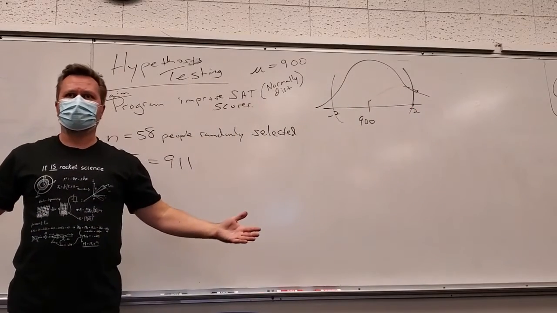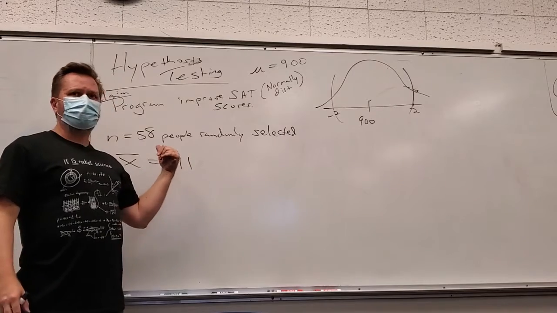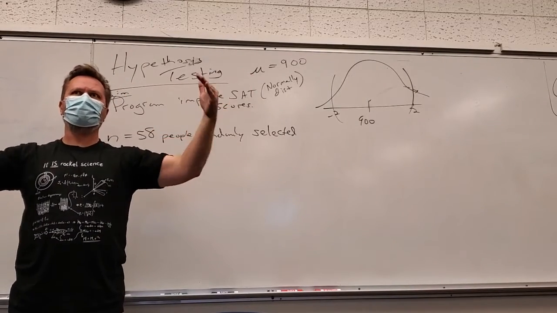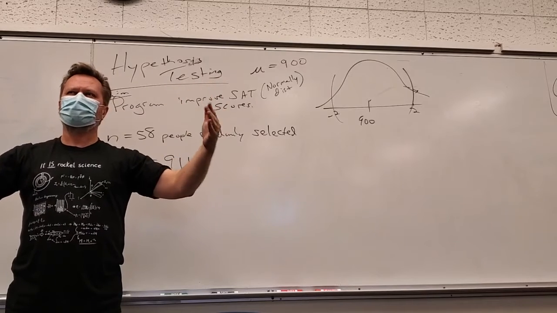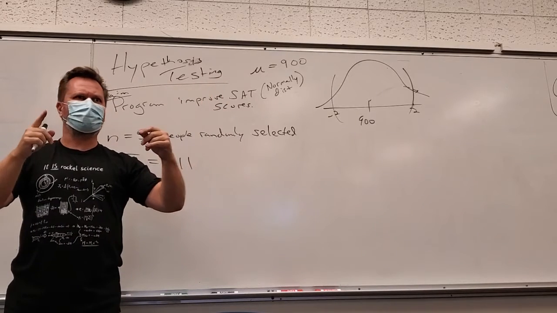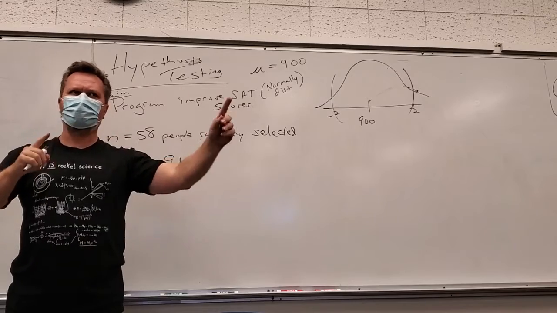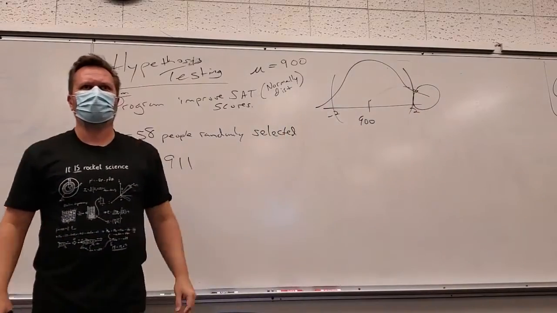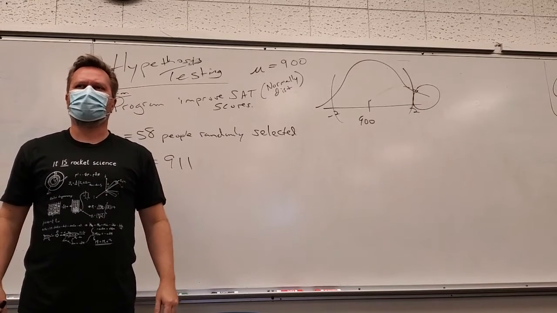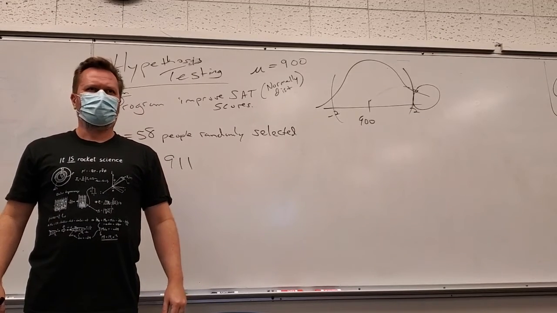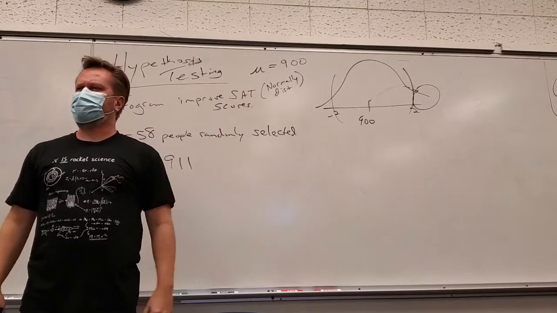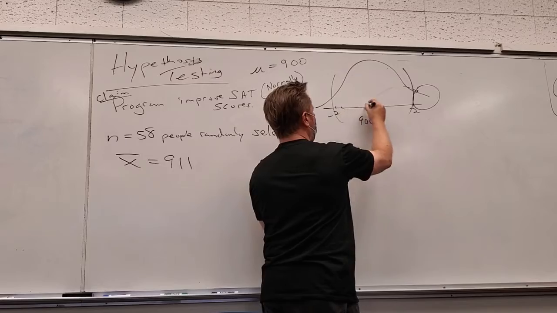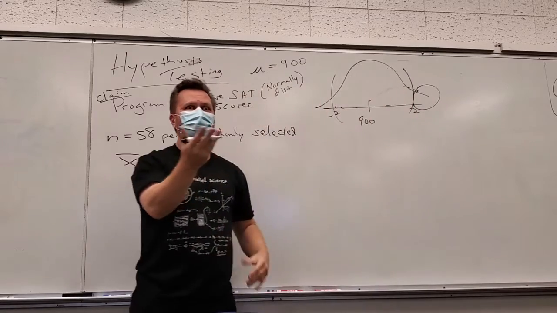I would expect a sample of 58 to show anywhere in there. So where would my sample have to show up to go, wait a minute, that was unexpected. That's evidence that it's higher. It'd have to show up here. Any sample that I take could show up anywhere in here and it wouldn't be unusual, right?